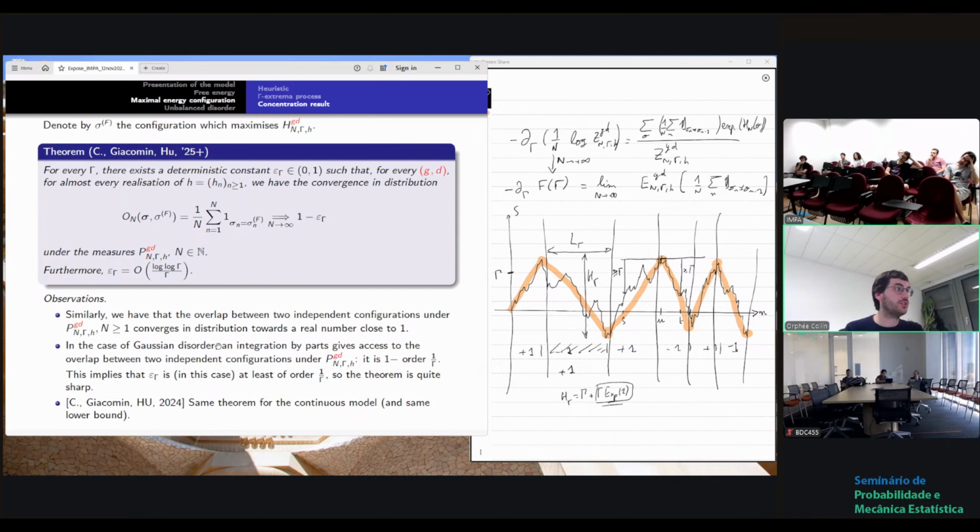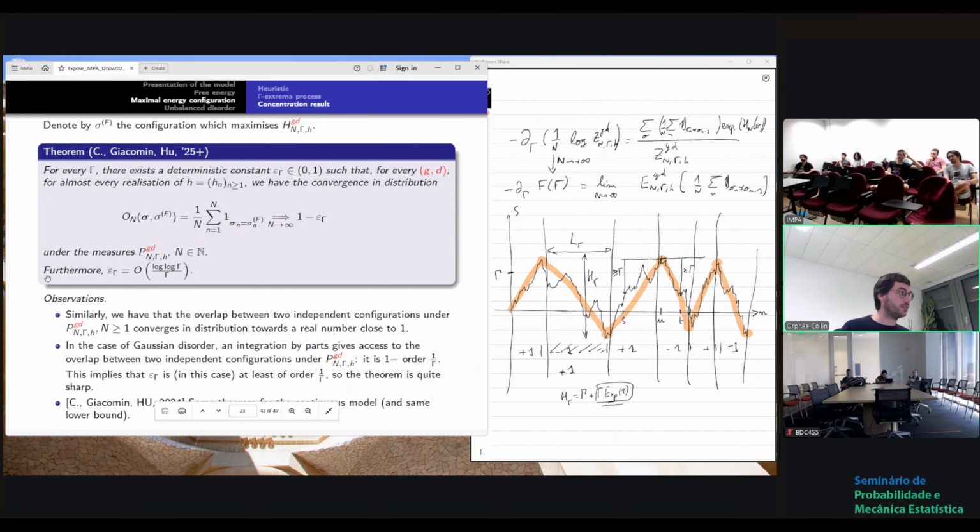In the case of Gaussian disorder, we're able to actually compute the limiting overlap between two independent configurations and see that it's 1 minus order 1 over gamma. So this implies in the case of Gaussian disorder that epsilon gamma is at least of order 1 over gamma. So our bound here is quite sharp. And during the questions, I can explain where this 1 over gamma comes from.